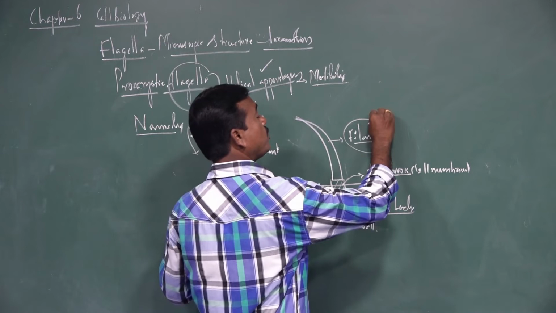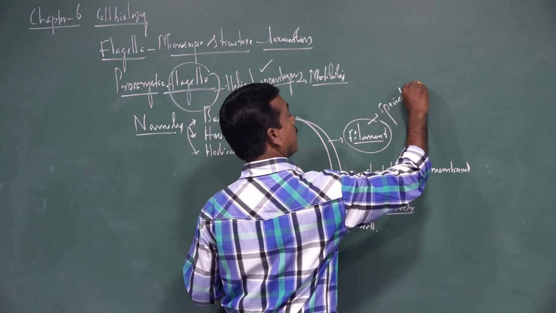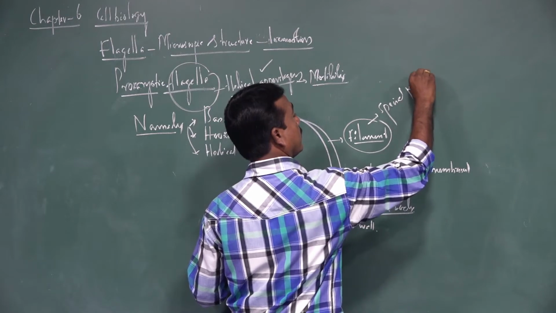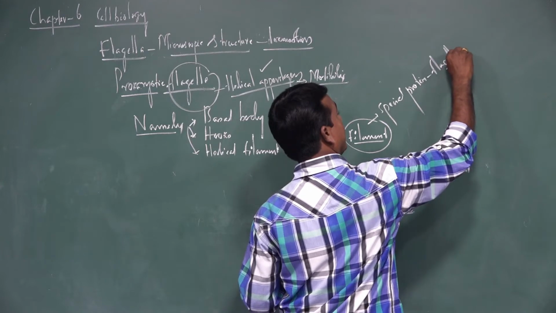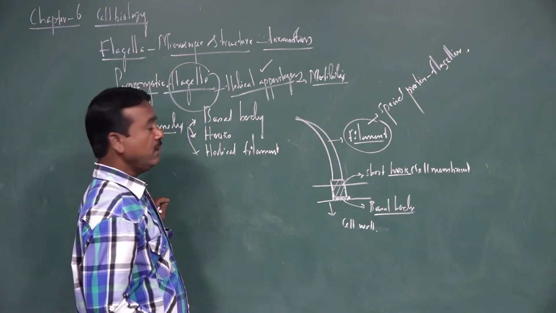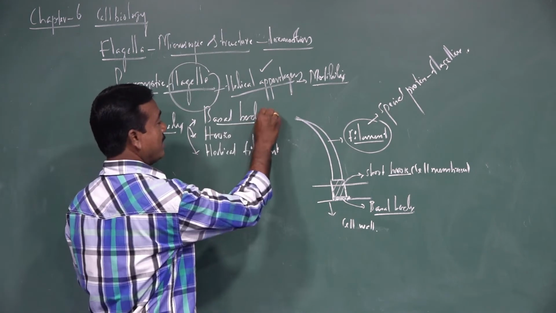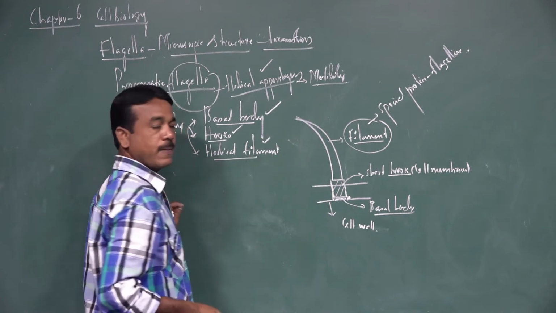The filament is made up of a special protein called flagellin. So the three basic structures are the basal body, short hooks and the helical filaments.